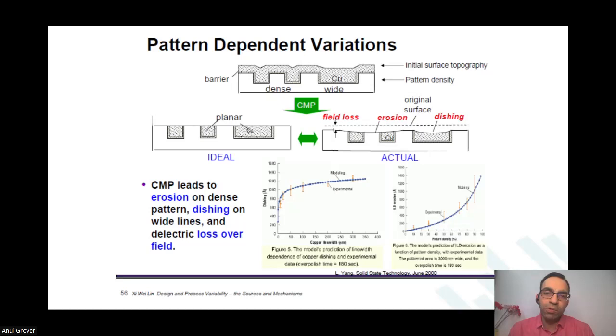So the CMP process polishes it more. Sir, it happens when the wire is not dense. When there is a lot of copper, because copper is soft, dishing will happen.